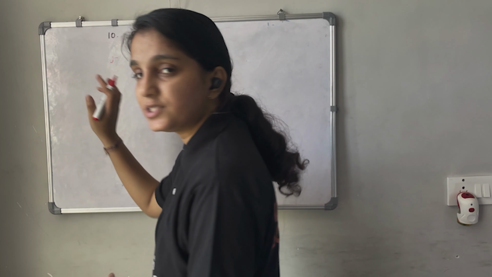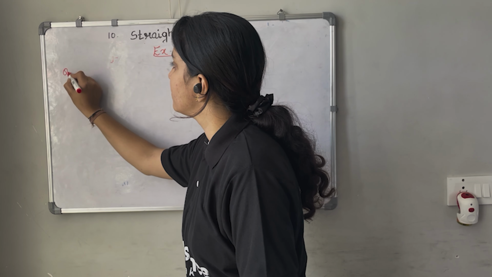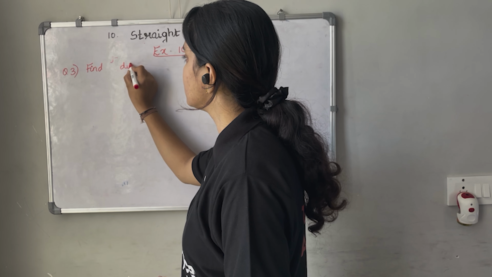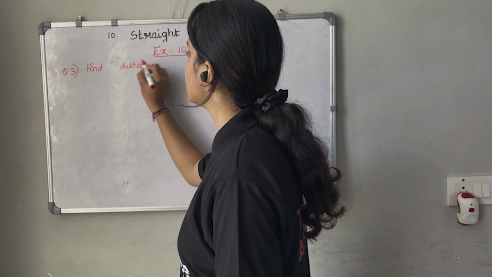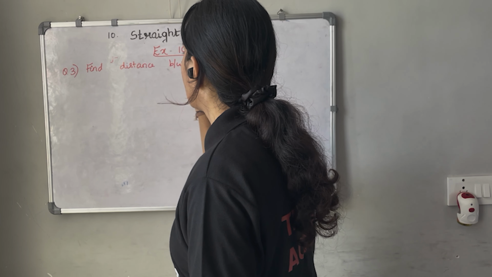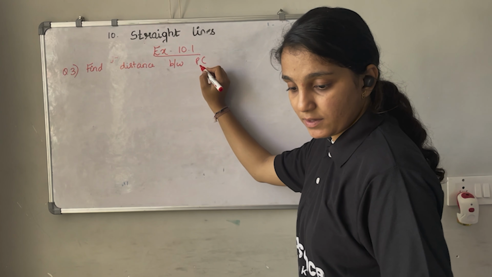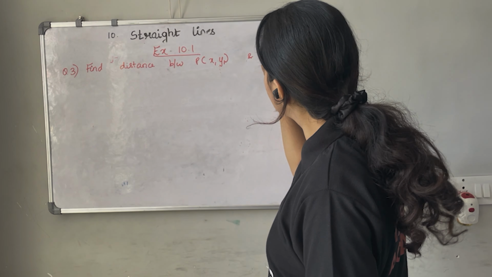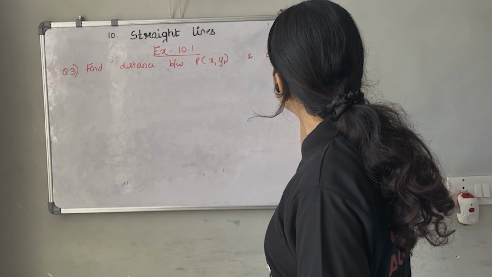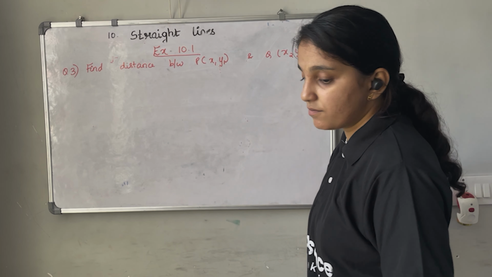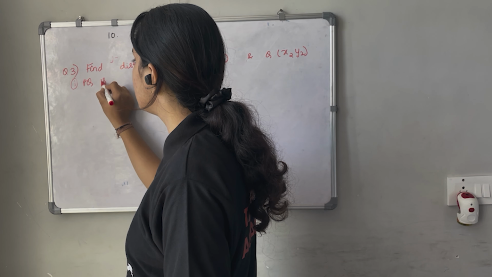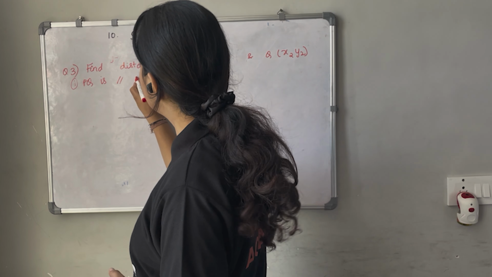Third question is to find the distance between, I'll write in short form, P given by x1, y1 and Q given by x2, y2. The first case is when PQ is parallel to the y-axis.